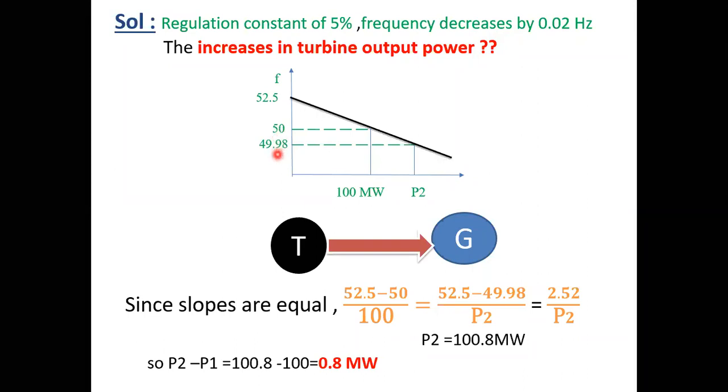Again, we need to bring this 49.98 frequency to 50 hertz. So for this, we need to bring 100 megawatt to 100.8 megawatt. We need to increase the power from 100 megawatts to 100.8 megawatt so that we can maintain our frequency at 50 hertz. This is nothing but our observation from this problem.